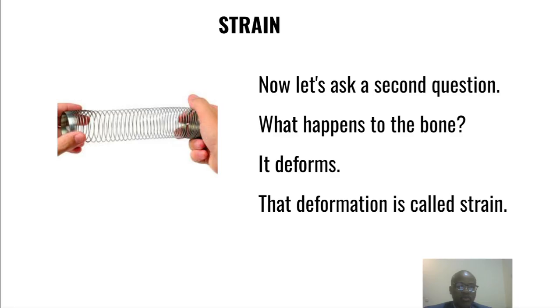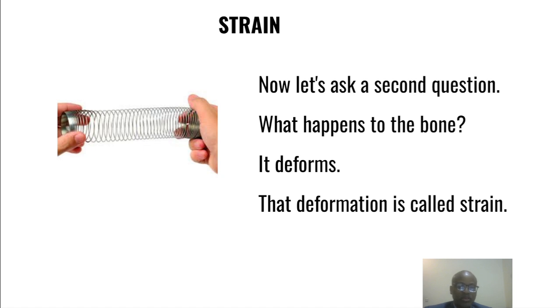What happens to the bone after it's subjected to a high stress or even a low stress? The bone deforms, and deformation is actually called strain. So when a material, whether bone or steel or concrete, is subjected to stress, that material deforms. And the deformation of that material is called strain.